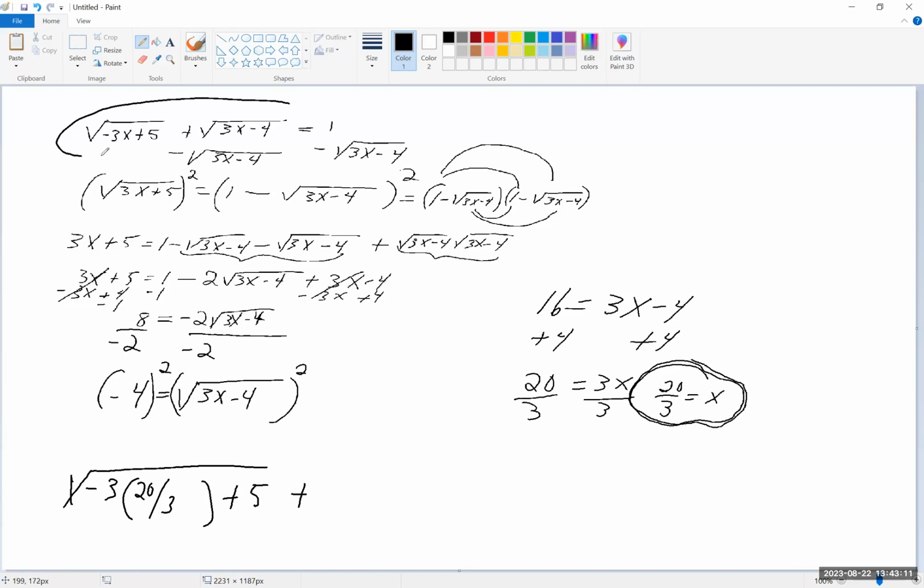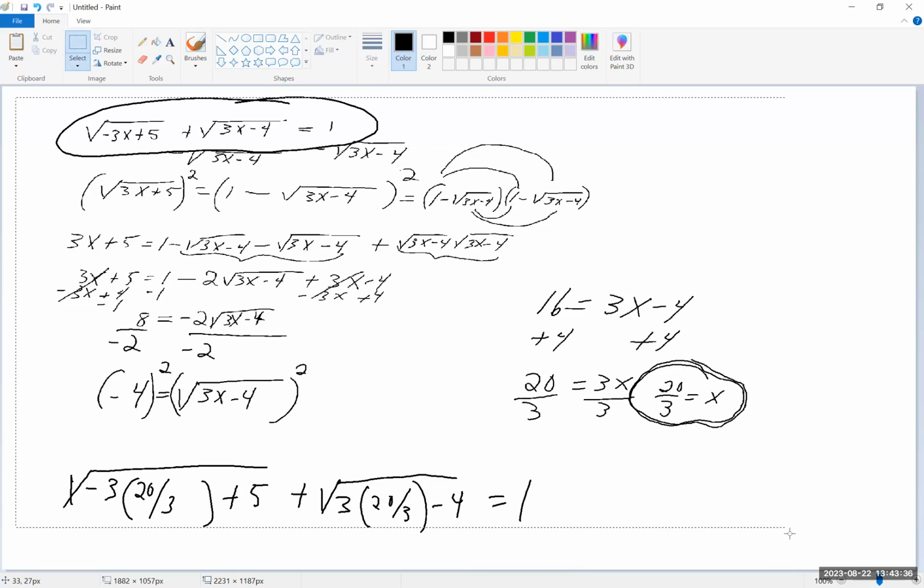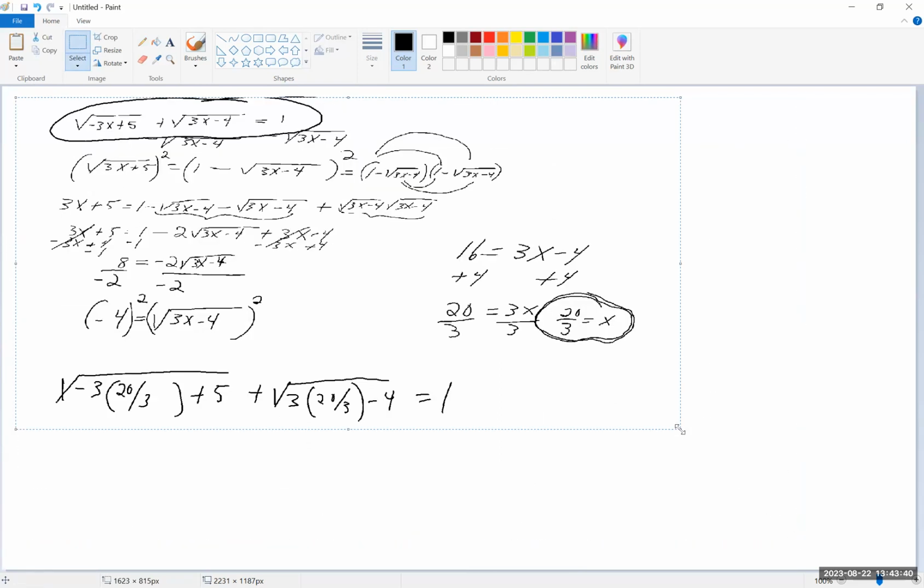So I'm taking this original, but I'm replacing the X with 20 over 3. And I have to keep decreasing the size here.